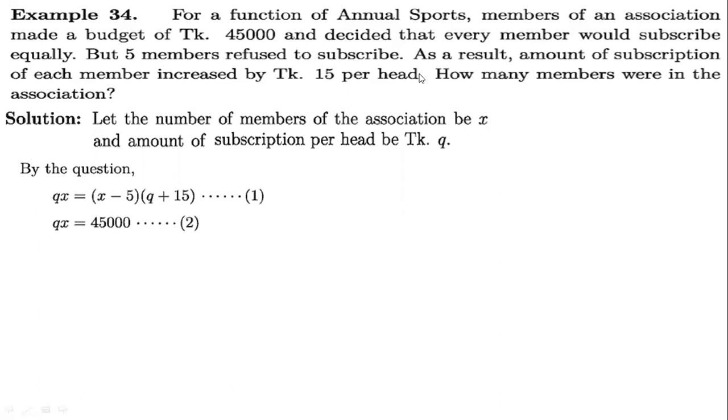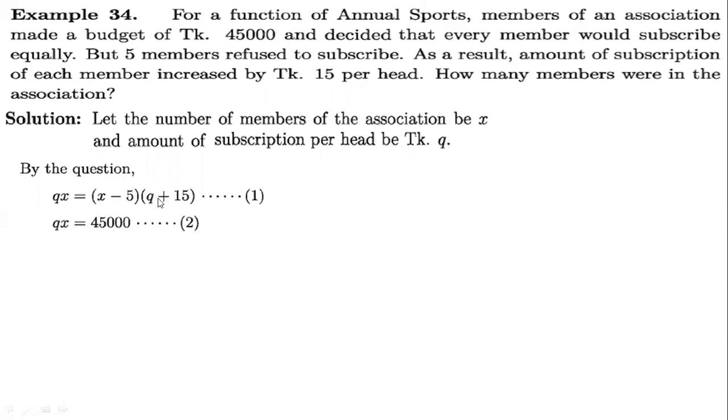But 5 members refused, so 5 members will be reduced from the total, and 15 taka will be increased for each person. Previously they gave only Q taka, but now they have to give Q plus 15. Multiplying these two, it will equal QX.